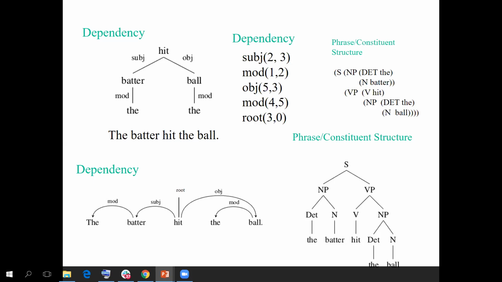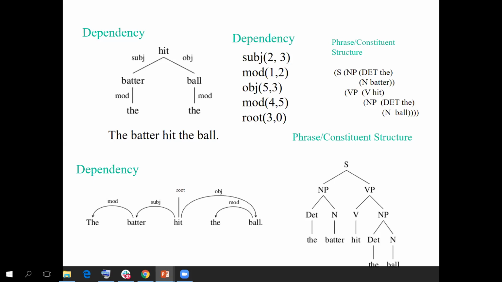So this is called a labeled dependency. So hit is connected to batter with a subject label, and hit is connected to ball with an object label. And batter is connected to the, I just used a modifier label here. In the Universal Dependencies treebank, it might be something different. And ball is connected to the with the modifier label.